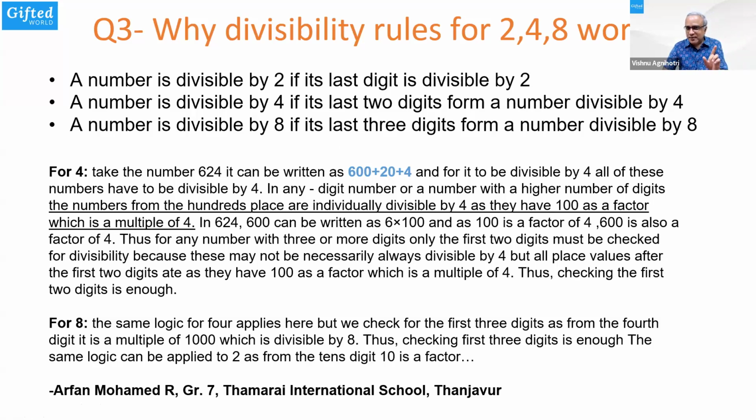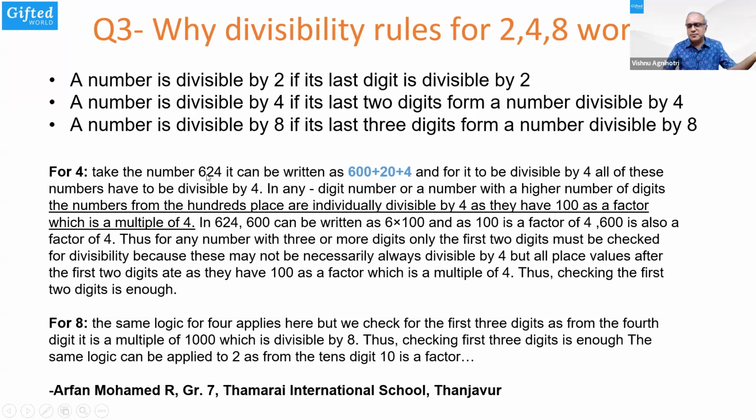That is why we have to check the last two digits for divisibility by 4. For divisibility by 2, we could just check the last digit because 10 is divisible by 2. You are multiplying the number in the tens place by 10, the hundreds place by 100. That gives you the assurance that it is divisible.